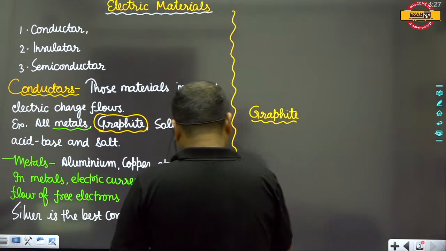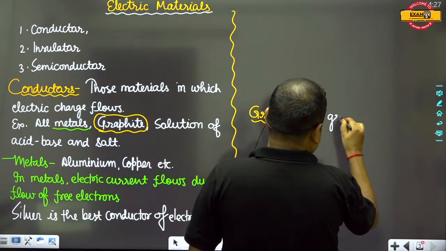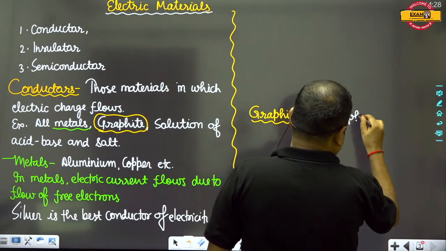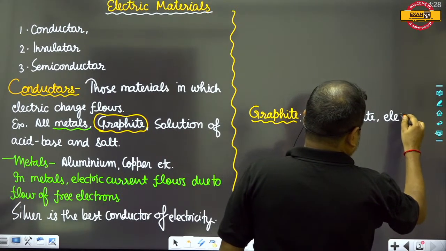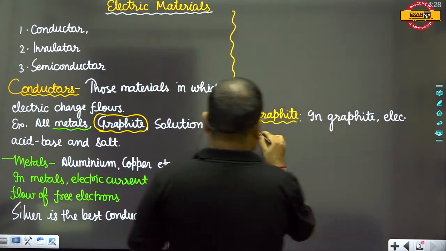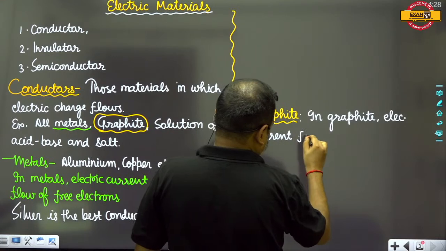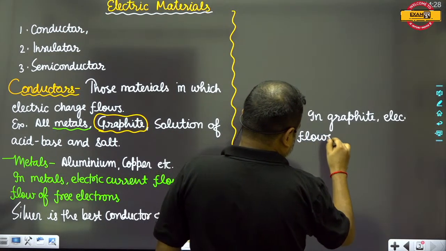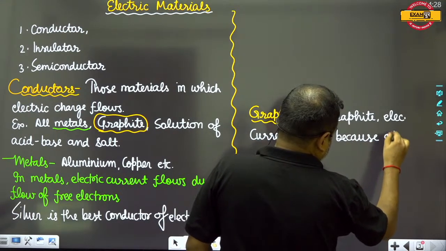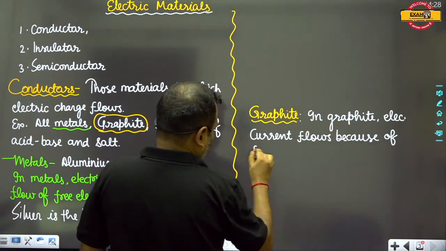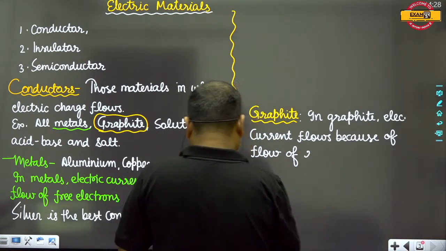In graphite, electric current flows because of the flow of resonating electrons.